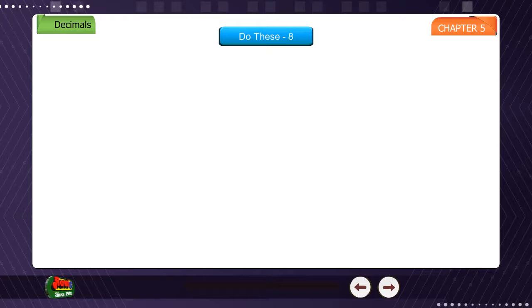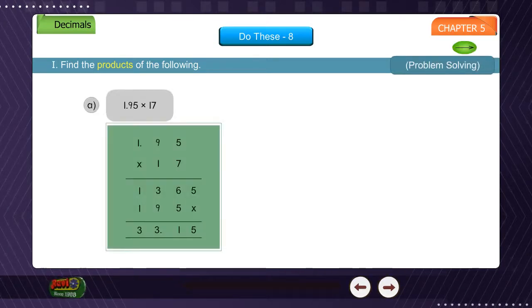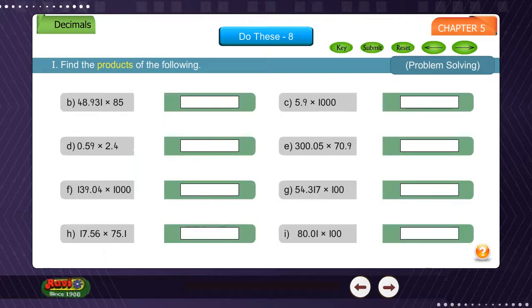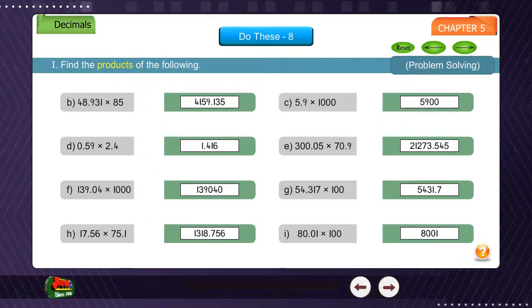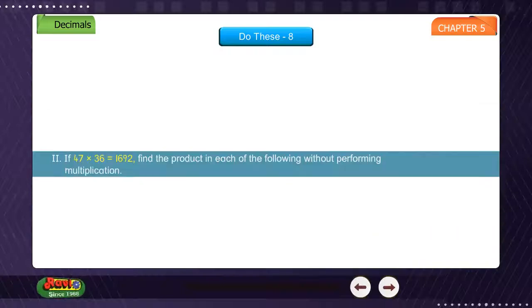Do these. 1. Find the products of the following. Problem solving. 2.